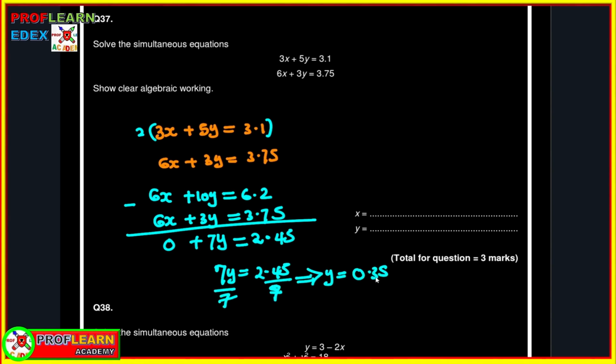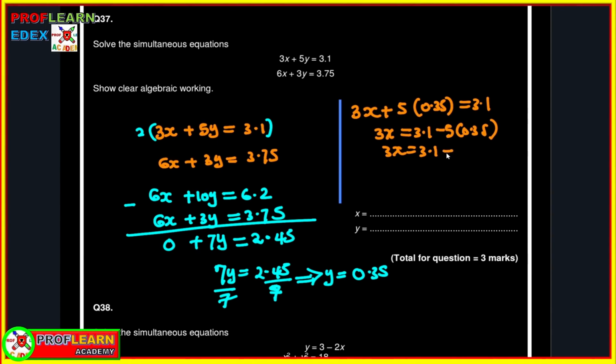This is going to give us 0.35. Then substituting 0.35 in one of the equations, we can find the value of y, and if we work it out and then divide by 3, we are going to get the value of x as 0.45 and 0.35 as the value of y.